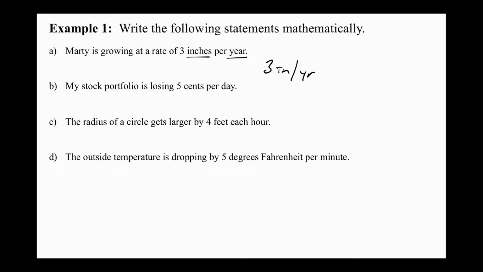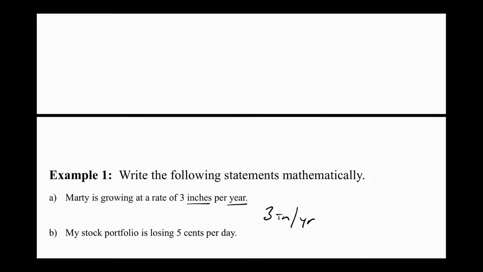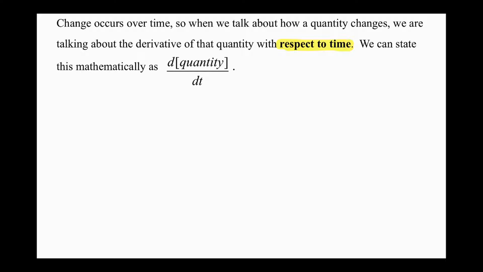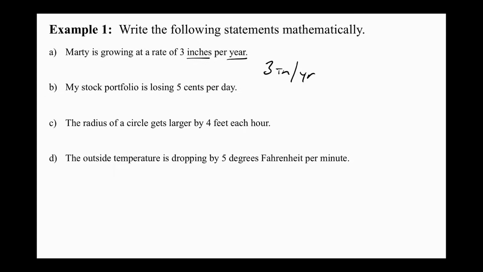And that's correct, but anytime we see a rate, we're going to write it like this: d quantity over dt. dt always goes on the bottom because it's with respect to time. Years is time.